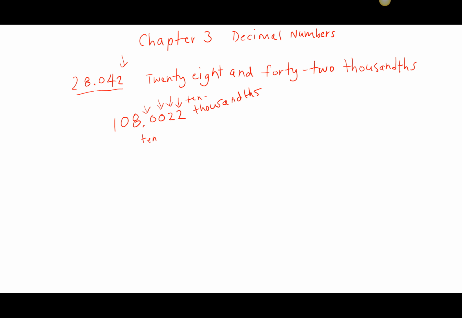So it's tenths, then it's hundredths, and then it's thousandths, and then ten thousandths, okay? So that's going to be 108 and 22 ten thousandths. And that's how you do that, okay?